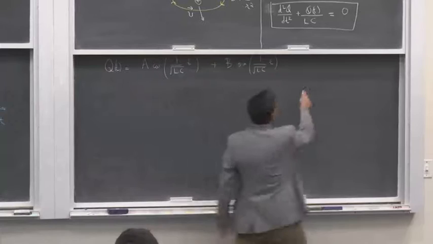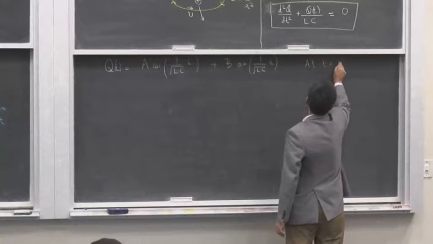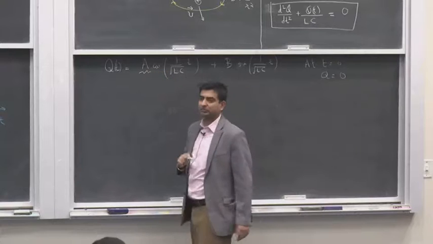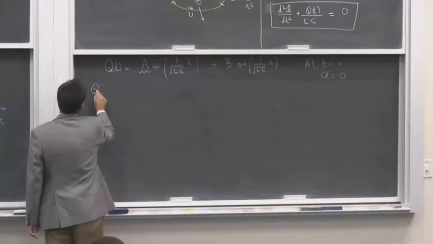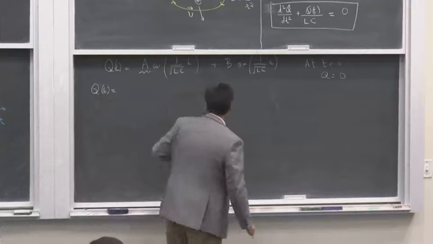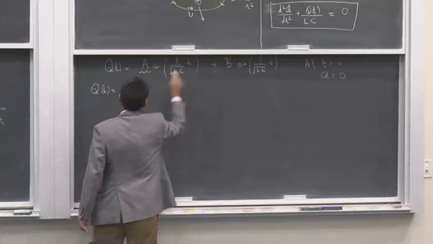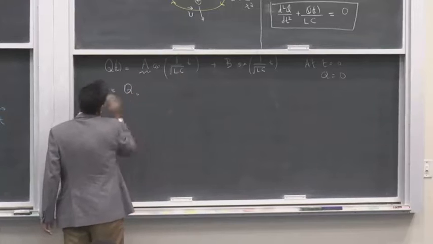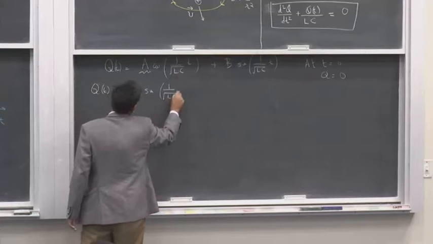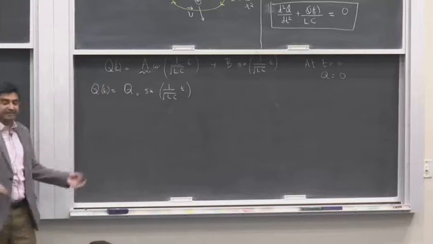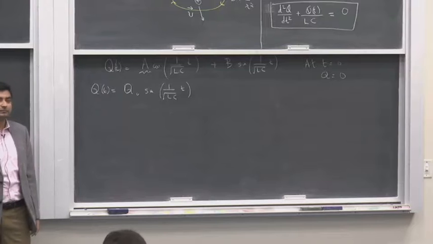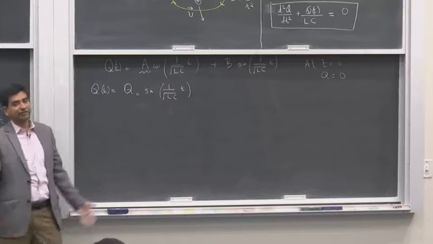I suppose that at time equals 0, charge is 0. This means that A becomes 0, which means that my charge is given by some initial charge, I call this B Q naught, some charge, times sine of 1 over square root of LC times time. This is the charge of the capacitor as a function of time. At time t equals 0, the charge is 0.